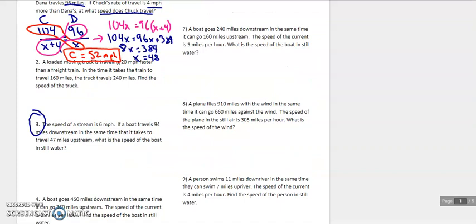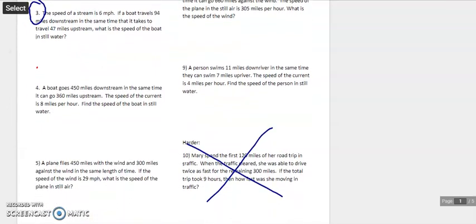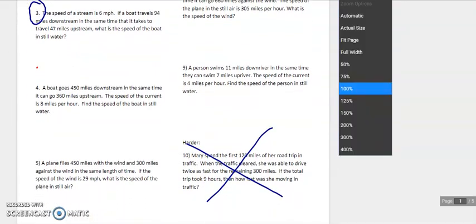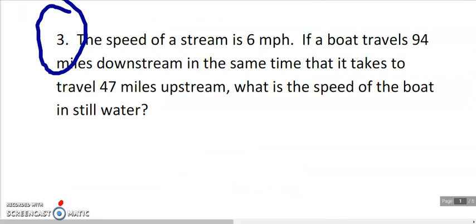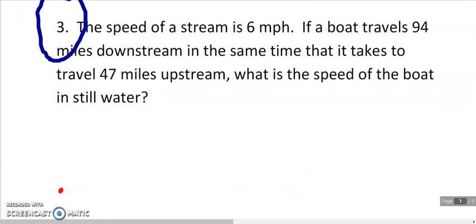Okay, so for the next one that we're going to look at, we're going to need to be familiar with the concept of traveling up and down a stream. So we're going to set it up the same way. We know that distance always goes on top, rate and time go on the bottom.